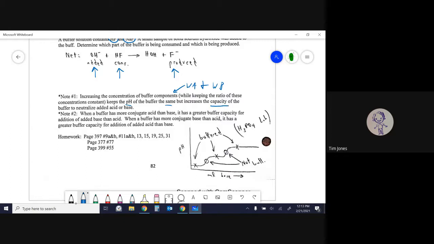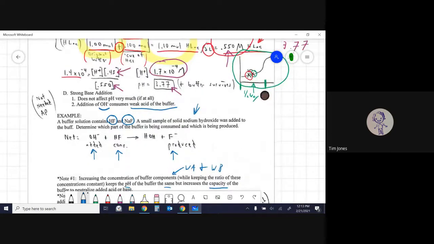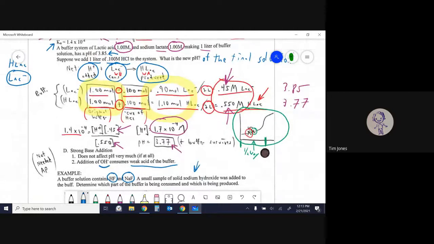The capacity of a buffer is how much strong acid can be added before the buffer is ruined, or how much strong base is added before the buffer is ruined. An example of that would be if we look at this buffer system, this 1 mole of each of those species is roughly the capacity.